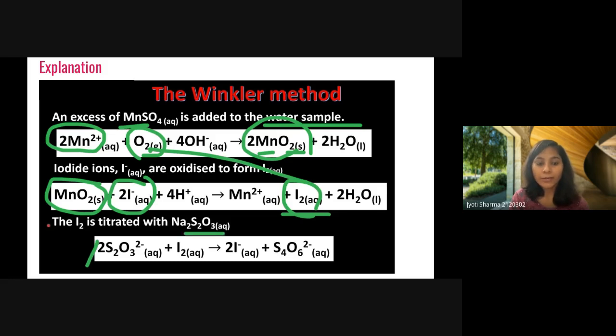If we are doing the titration of I2 with sodium thiosulfate, this will give 2I minus, and this is how we can know the concentration of I2, and hence the oxygen concentration. So this is one of the chemical methods by which we can estimate the concentration of dissolved oxygen in the water.